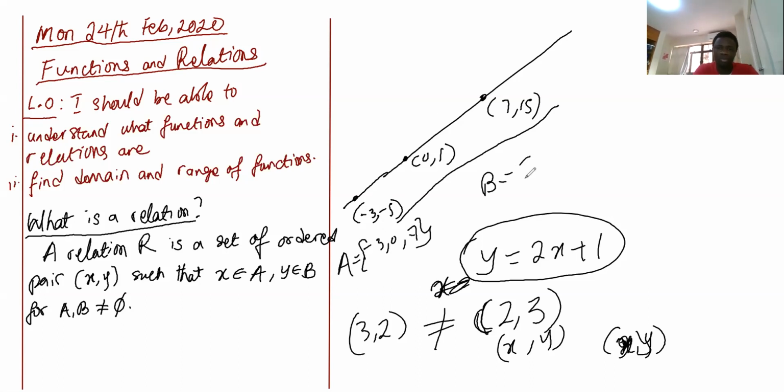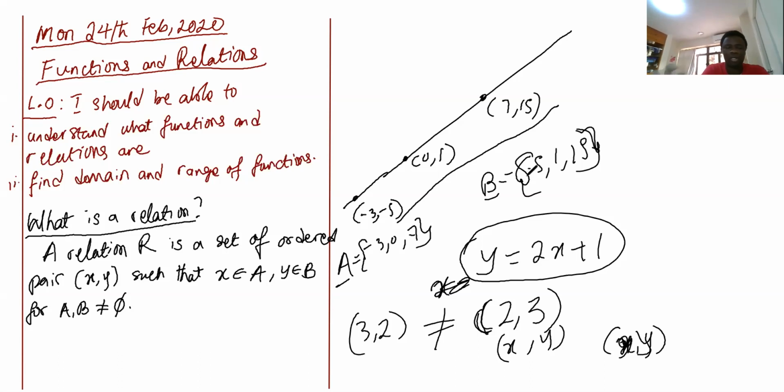Then my B will be -5, 1, and 15. So it's a set. A cannot be empty, B cannot be empty, and any other pair that you find such that A belongs to this and B belongs to this, the combination of all the other pairs is a relation.